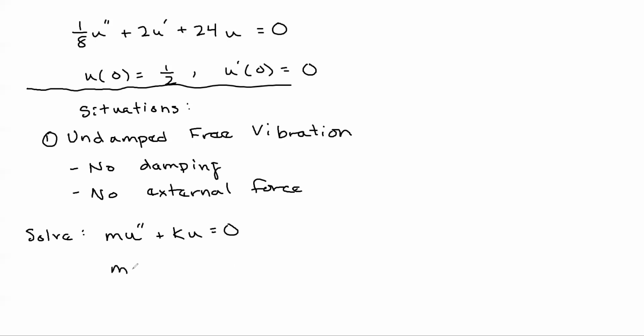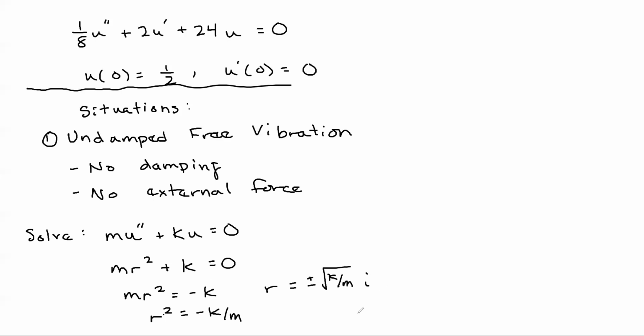To solve it, we're going to form the characteristic equation, and finally we're going to get plus or minus square root of k over m i.